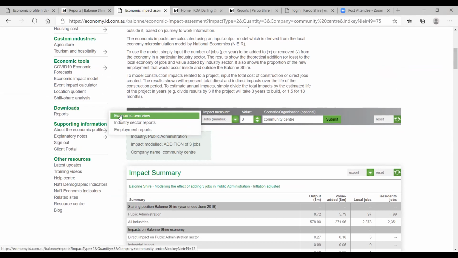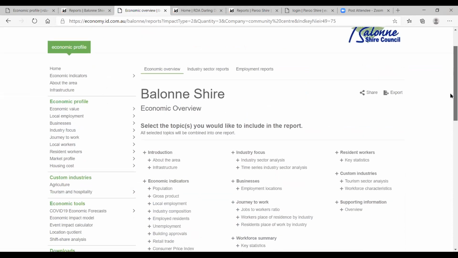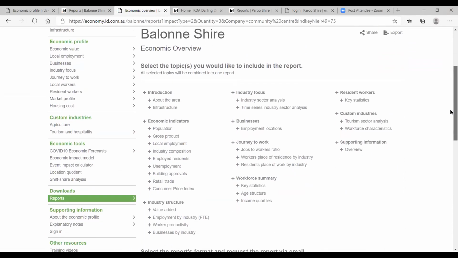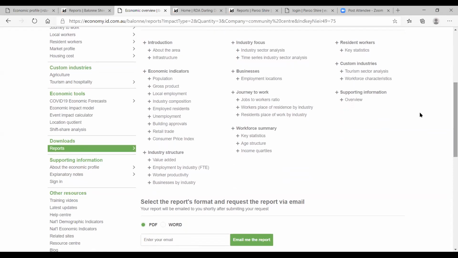The last thing I want to show you is that there are reports here that you can access and download. Not only can you download the community information, you can also download an economic overview as well. And you can request the report via email. So you just put here industry focus, business, I want to know my economic indicators, and you can email yourself those reports.